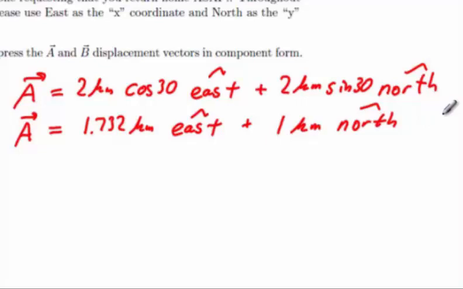Repeating the same thing for vector B, we notice that vector B will have a magnitude of 3 kilometers, but in a direction which is south of west. So beginning with the direction of west, which is to the left, we will draw our vector 10 degrees south of that.